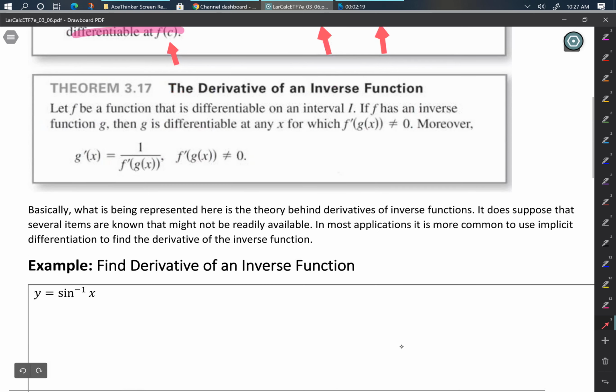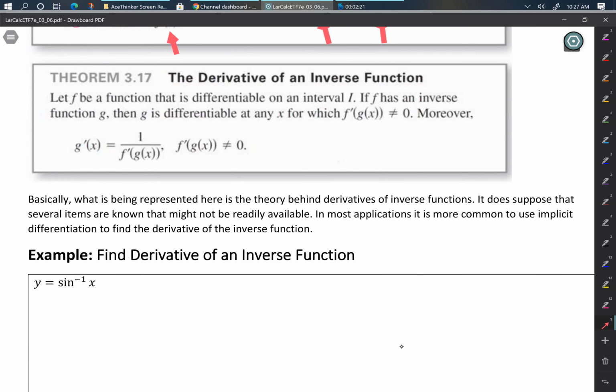Okay? All right, so here's theorem 3.71. This is the derivative of an inverse function, and it reads: let f be a function that is differentiable on an interval I. If f has an inverse, and we'll call that inverse function g, then g is differentiable for any x for which f prime of g of x is not equal to 0.